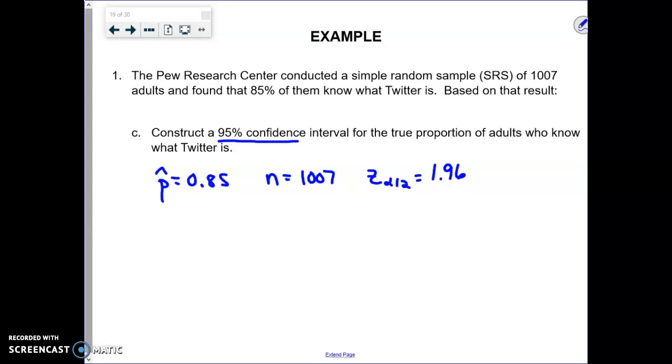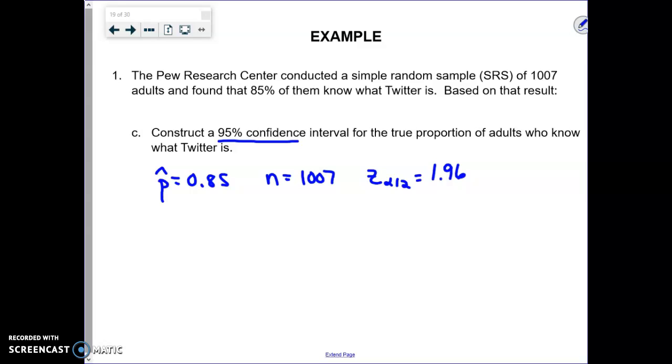Because for a 95% level of confidence, your critical z score is always going to be 1.96. You can go back to the normal distribution on slide 1 or 2 to see how to come up with that value. There's also a table on a previous slide, but that's not going to change. For all 95% levels of confidence, regardless of the type of problem, it's going to be 1.96.